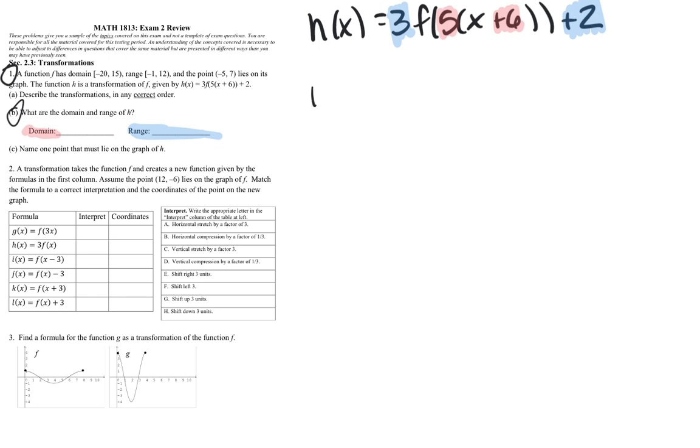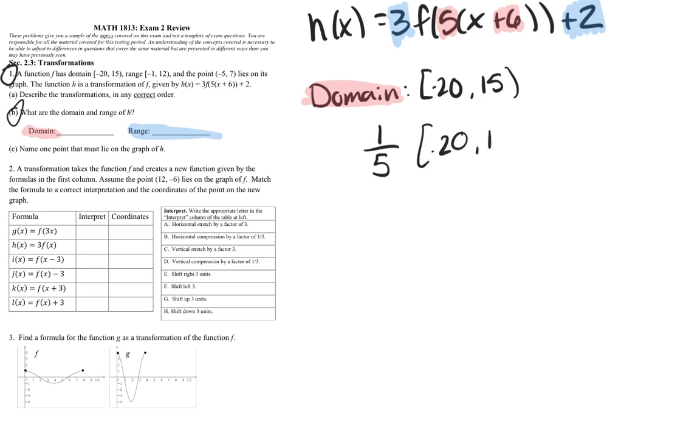Starting with our domain, we look at the domain of the original function f, which is -20 to 15. We want to apply the red transformations to this domain, and only the red ones. First we have that horizontal compression by a factor of 1/5, so we multiply our domain by 1/5, and then we have -4, 3.